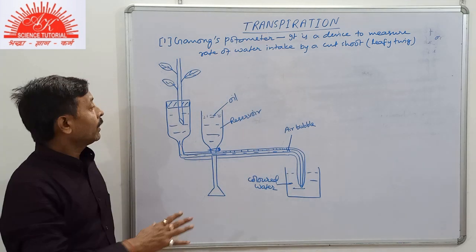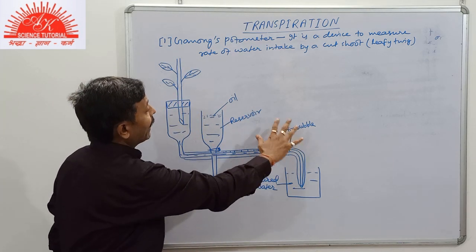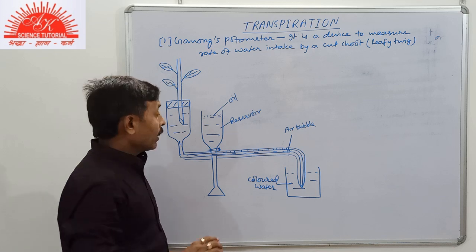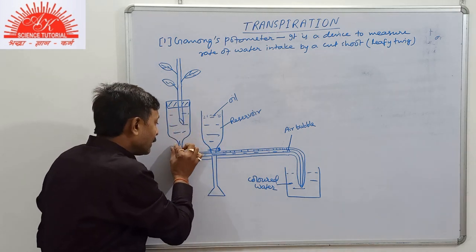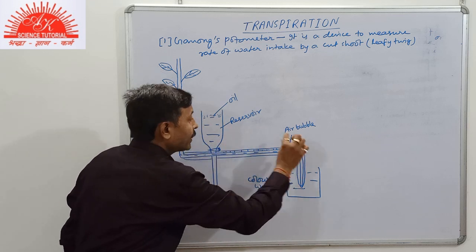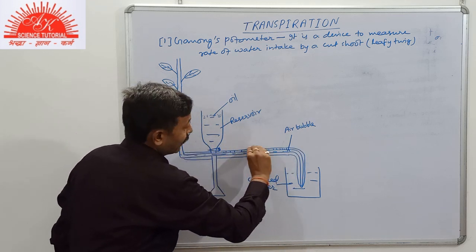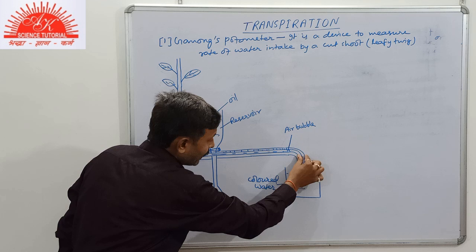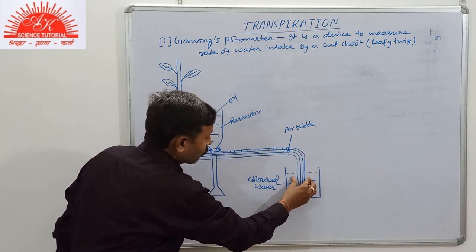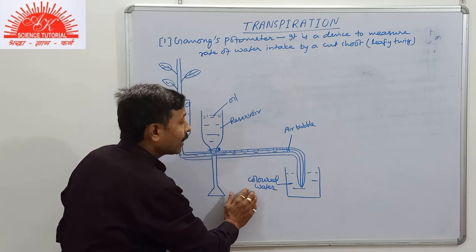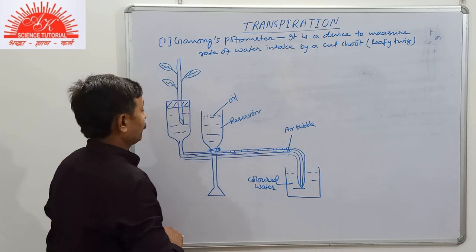Now, students, this is the setup of Ganong's potometer. Here is the glass tube, and then there is a narrow horizontal capillary tube enclosed within the glass wall. Then it bends vertically downward, and the lower end is dipped in a beaker containing colored water.